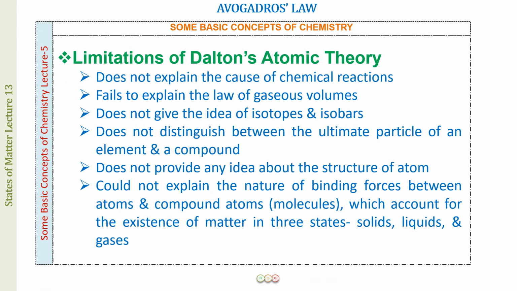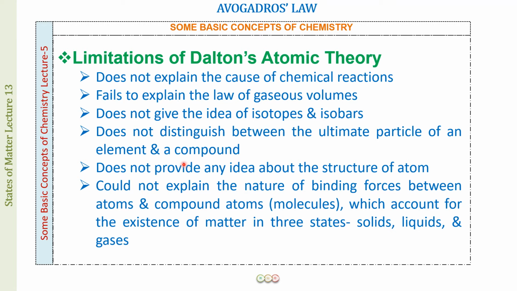So the limitation of Dalton's atomic theory was that he could not distinguish between the ultimate particle of an element and a compound. For an element, the smallest particle capable of independent existence is an atom, whereas for a compound it is a molecule. What Dalton said was that for both the element and the compound, the smallest indivisible particle is an atom, and for a compound he called it a compound atom.